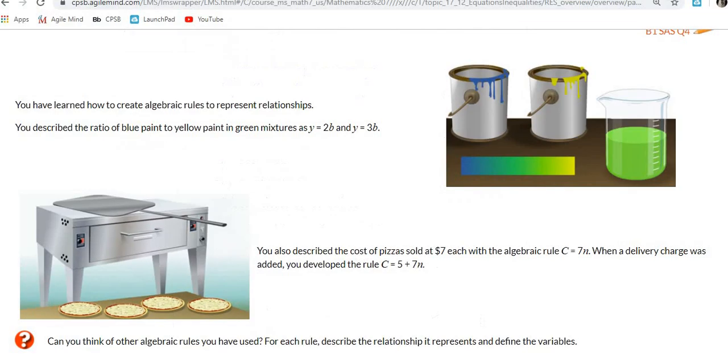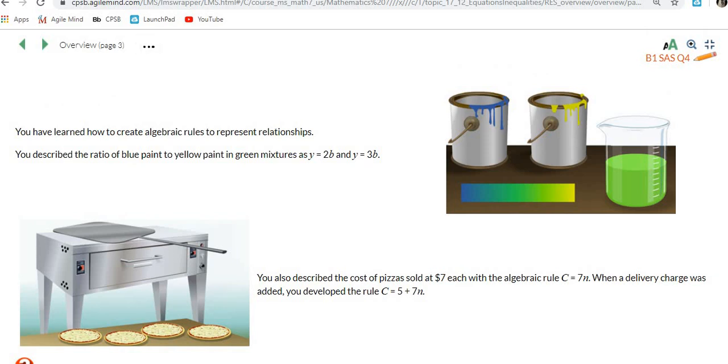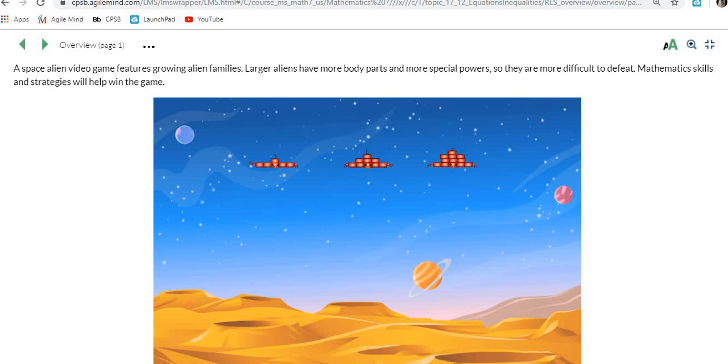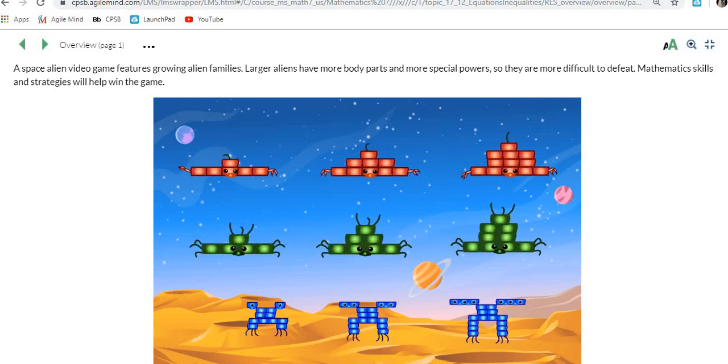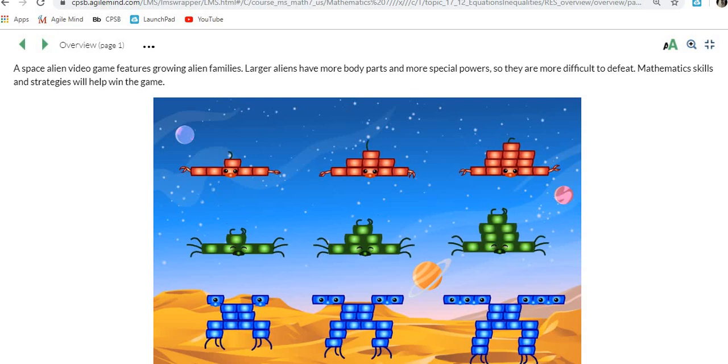So number 1. Let me get back there. You know how we looked at Archibald and he helped us with number lines and such? We're going to have these alien video game creatures helping us with equations and inequalities.